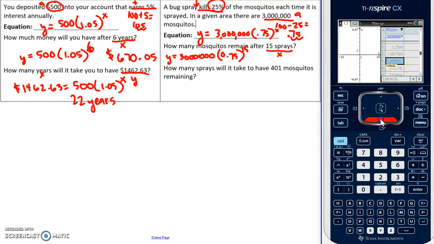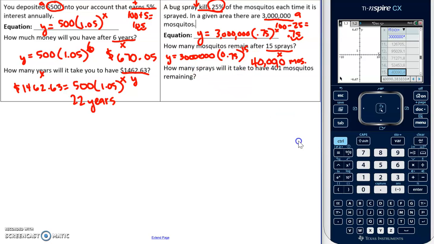So I'm going to just click, click, click, click, click. Hey, 15. All right, so we're going to have about 40,090 mosquitoes left. Okay, so that's if we did that.